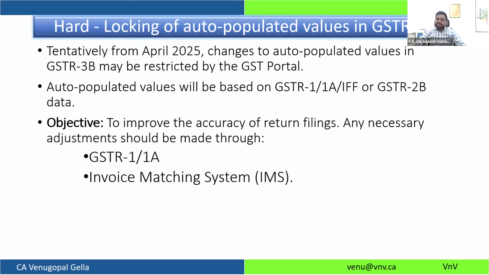This is not implemented yet, but very soon GSTN will implement hard locking of the GST 3B. So for that, we have to be ready with the IMS. Though it is optional now, it is advisable to prepare and implement the IMS as soon as possible.